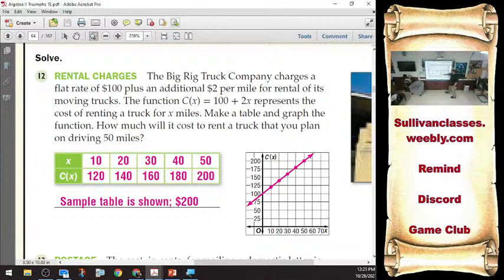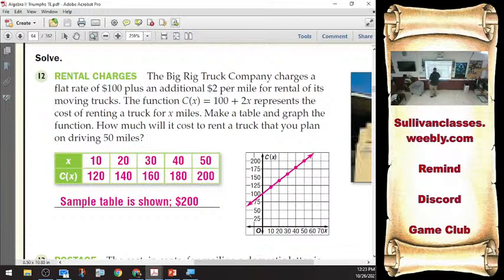And then you plug those in. Again, they're nice numbers. What's 2 times 40? 80. Then plus the 100. 180. There you go. Well done. Okay.